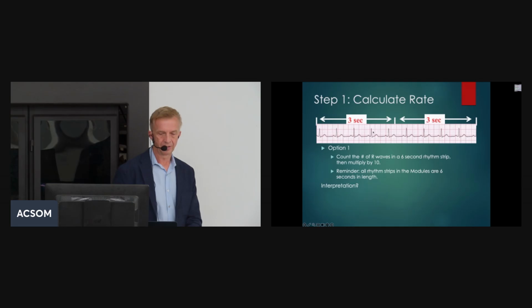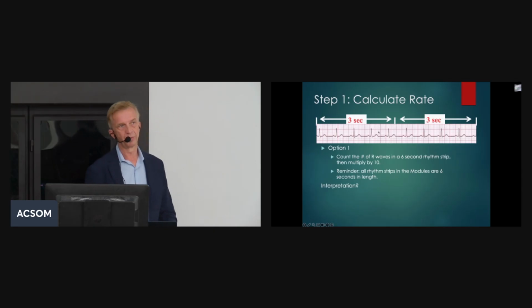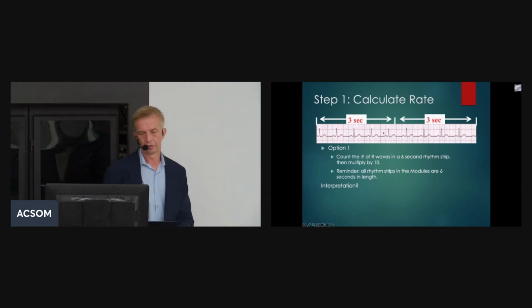So for this heart rate, there are about 3 boxes between the RR interval, right? So 300 divided by 3, so the heart rate is around 100. That's the simplest way, and I'll show you in the next slides.